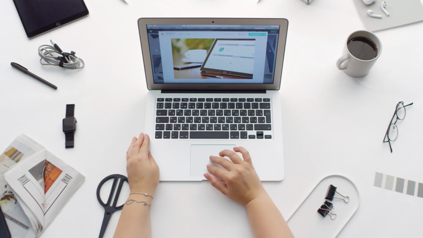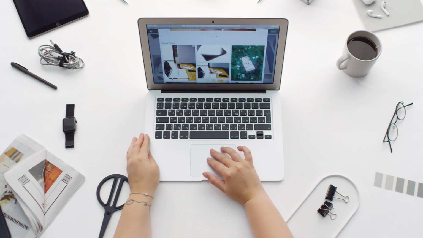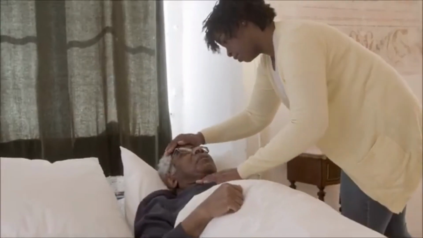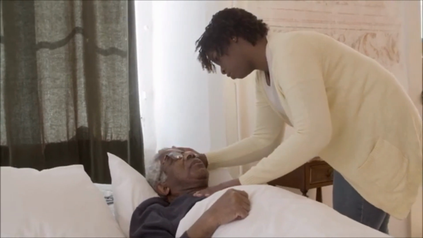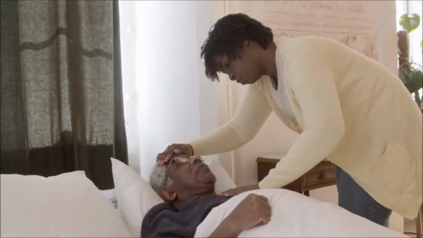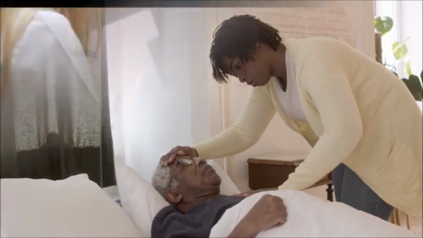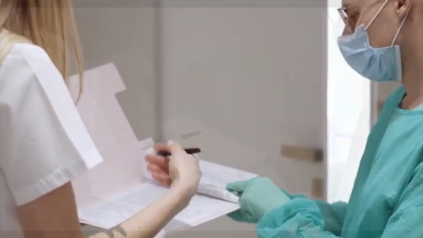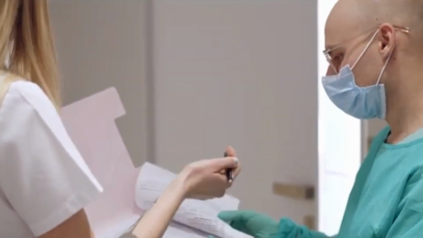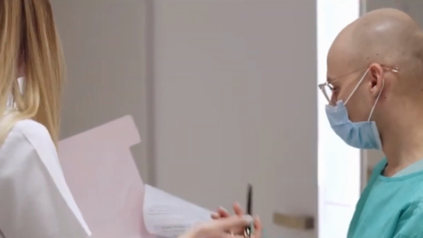Okay, so regardless of whether you work at a hospital or a nursing home or in a non-traditional space, we still need to have policies and procedures when it comes to information governance.